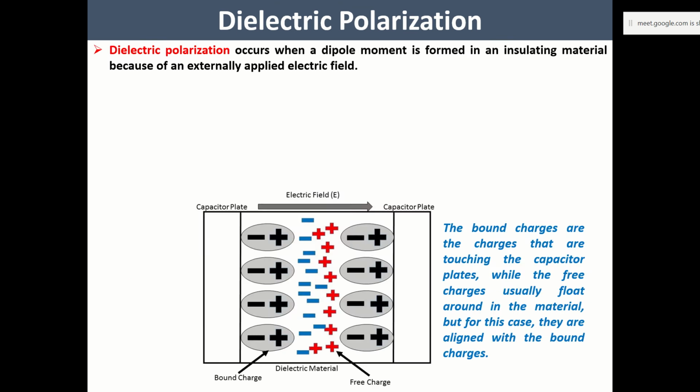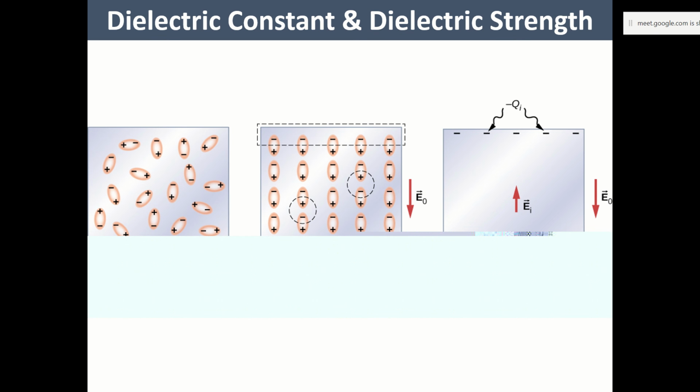So dielectric constant, this is the initial thing. Initially, say water molecules, you have randomly oriented dipoles. Now when you place them between the plates of a capacitor, parallel plates, then they will be organized in this manner, and each one will have interaction like this.